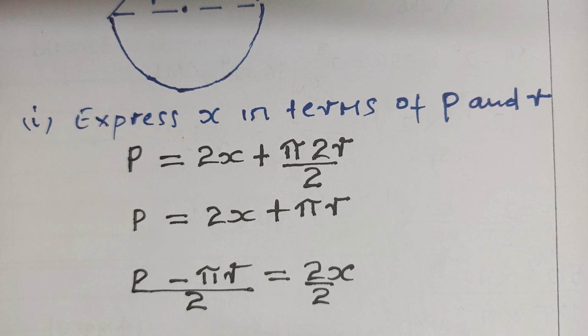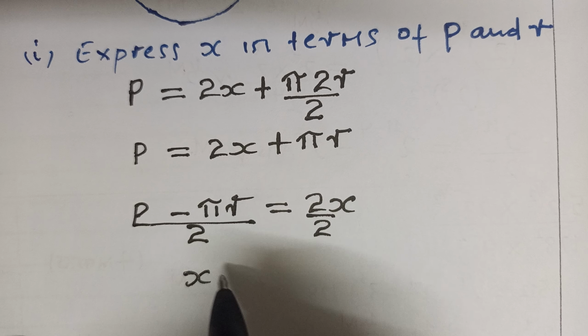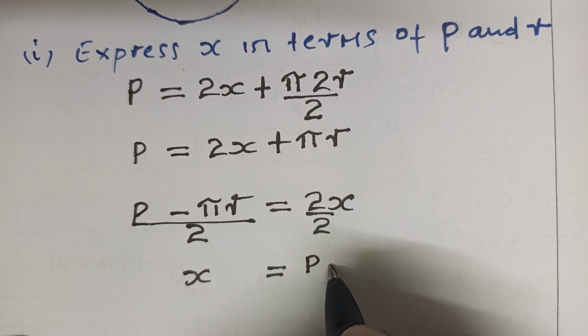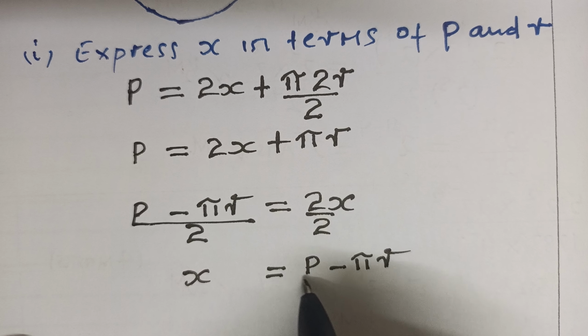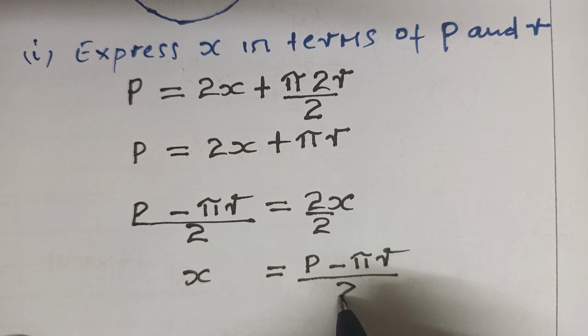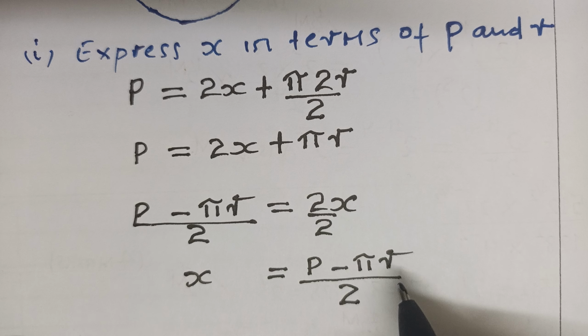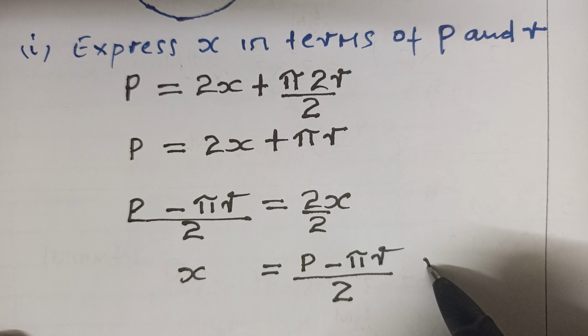And therefore our equation is going to be x is equal to p minus pi r all over 2. And so we are able to express x in terms of p and r. This is our first solution.